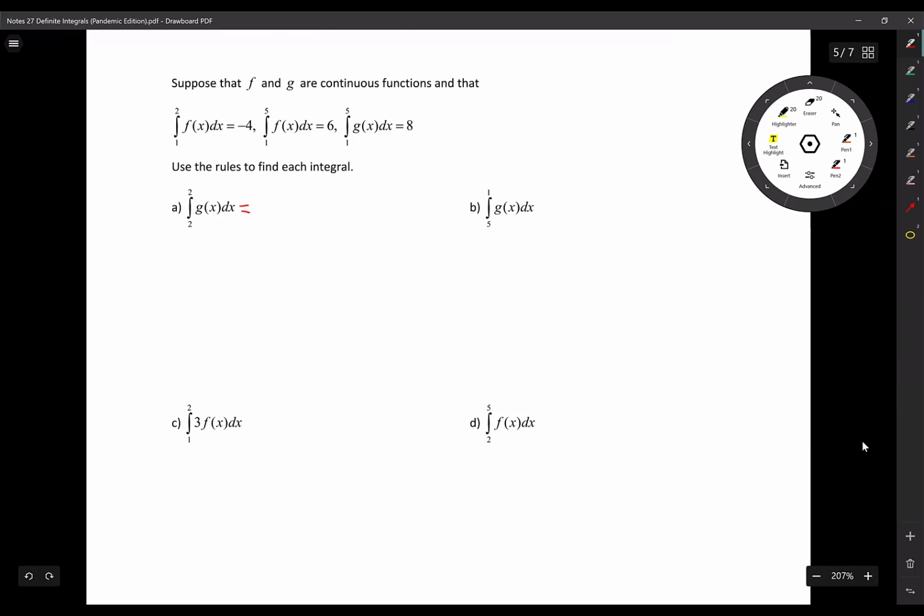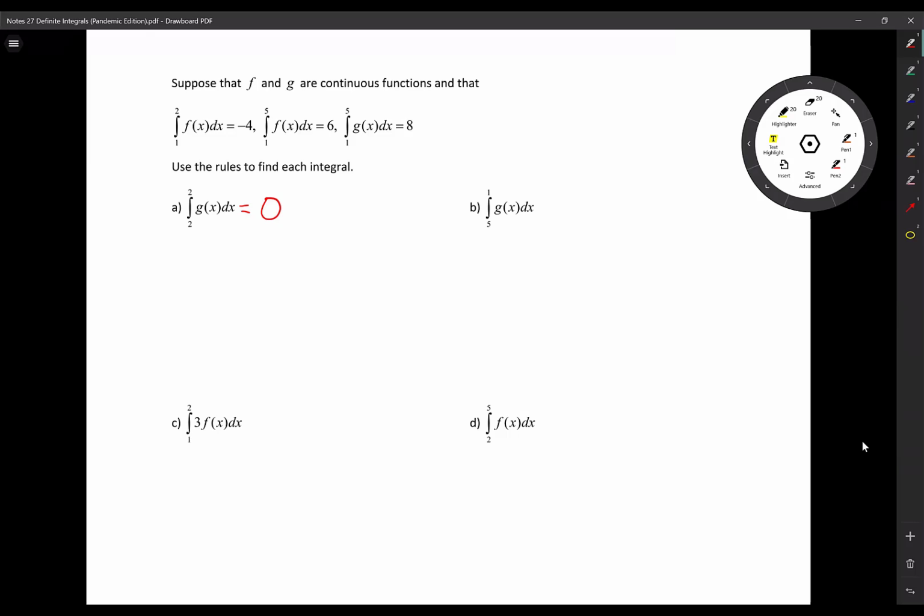I have 3 integrals, f and g. Notice the f is going 1 and 2, 1 and 5, and -4, 6, and 8. All right. Letter A, from 2 to 2 of g of x dx. I haven't moved. That's a 0. Letter B, 5 to 1 of g of x dx.